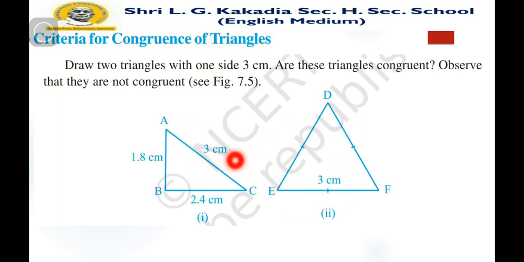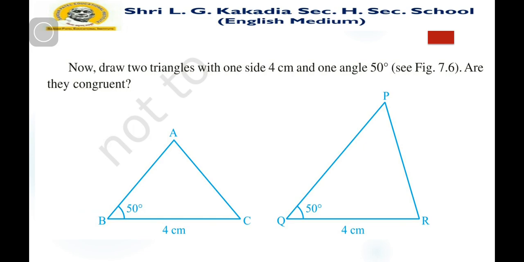If you put this figure on the other figure, they cannot cover each other. Each angle corresponds to the equal angle of the other triangle, but we cannot say that both figures are congruent because they are not the same size.